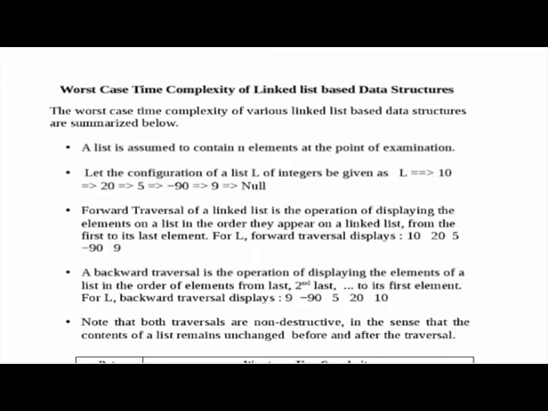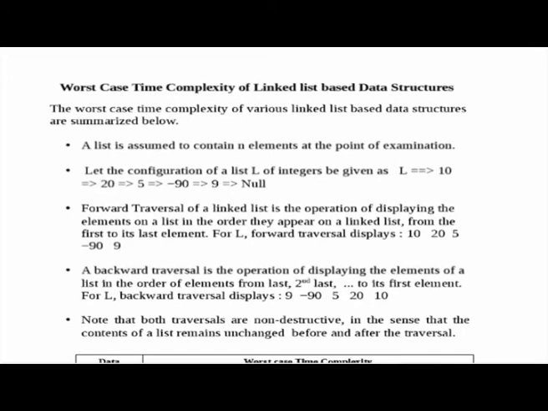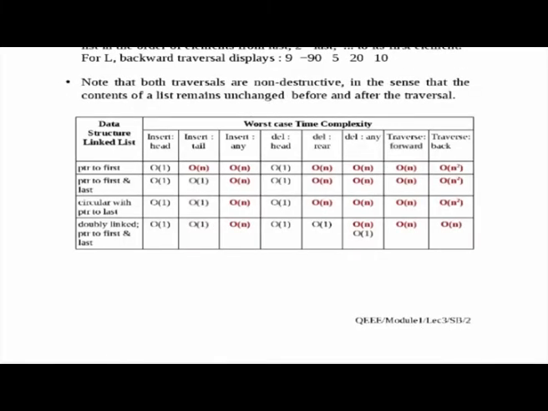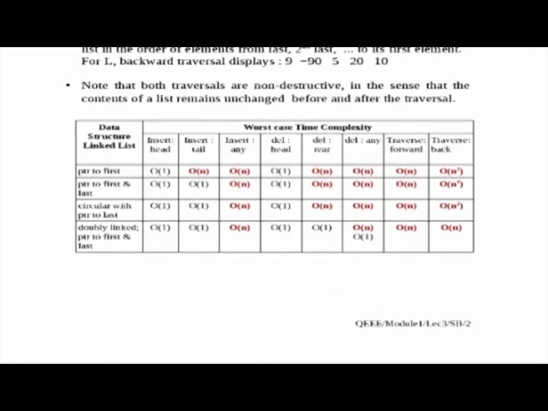I'll define it as it comes. Forward traversal is starting from one end and going right all the way to the last element of the list. A backward traversal does the inverse. The last bullet in the slide says both the traversals are non-destructive, which means that they do not change the content of the data structure.